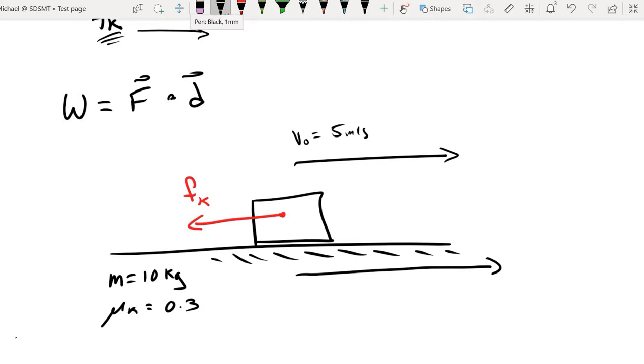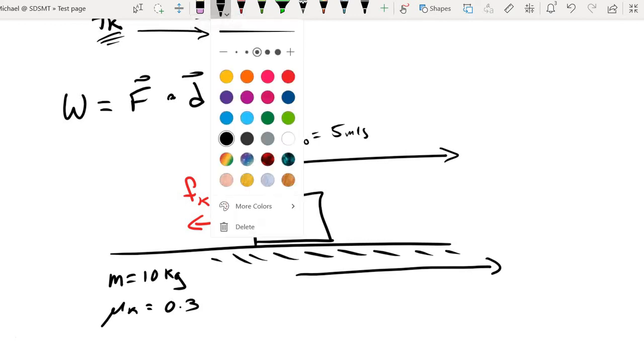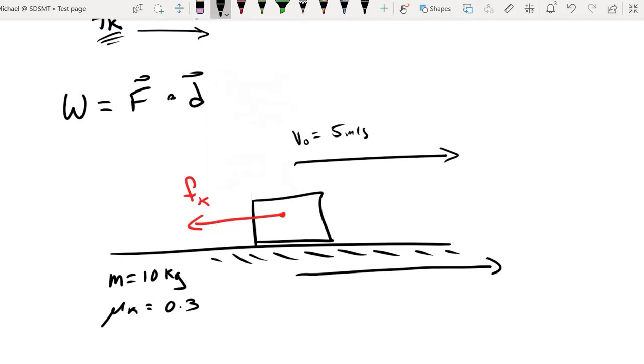But because friction is opposing the motion, friction is going to cause us to slow down until eventually our mass gets to some final location, which we'll call D, and the final velocity has gone to 0.